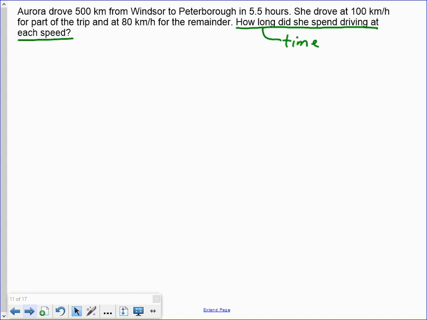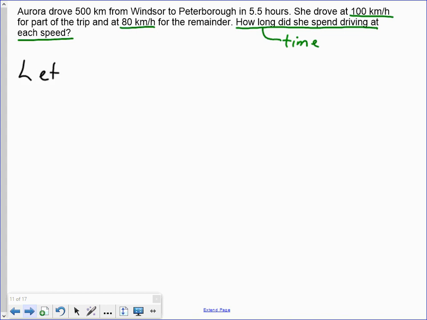Now, our trip here is divided into two parts. There's the part at 100 kilometers per hour, that's one of our velocities, and a part at 80 kilometers per hour. So as we go through this question, we're going to be thinking of it as having those two parts to it. So we're going to choose two different variables.